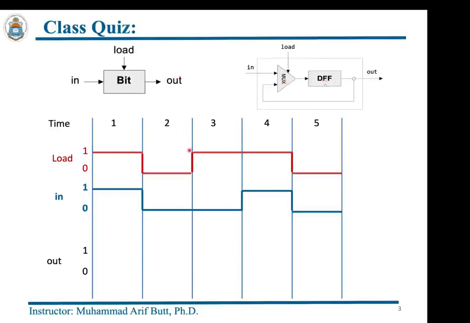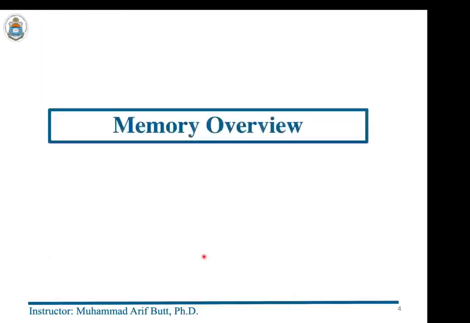The timing diagram over here shows you the load and the inputs to this register during different time intervals. I want you to determine the value of out and draw the signal values using a copy and a pencil. Please stop the video, do that, and then join me. Meanwhile, I move ahead.